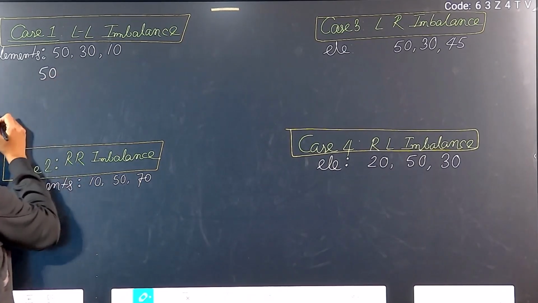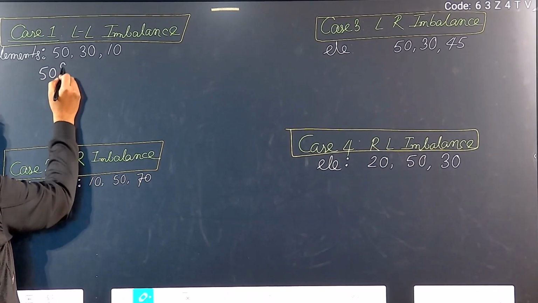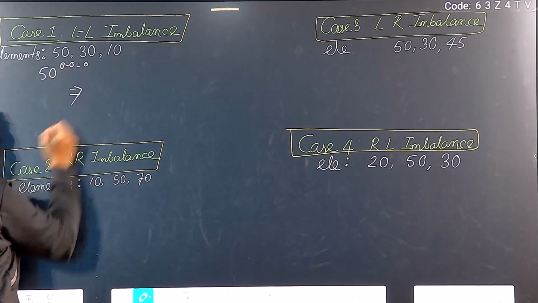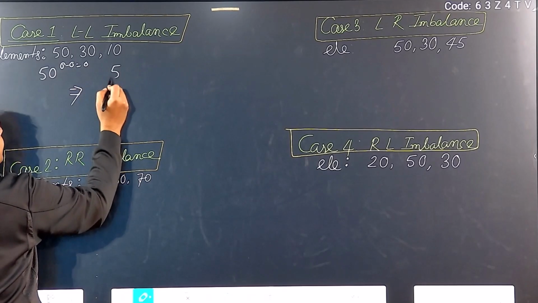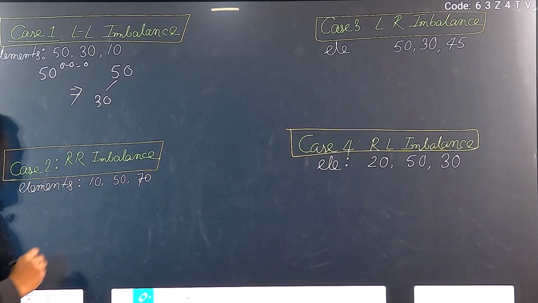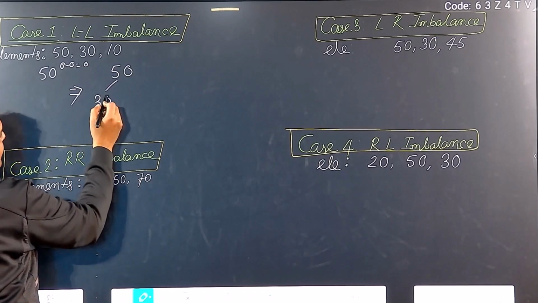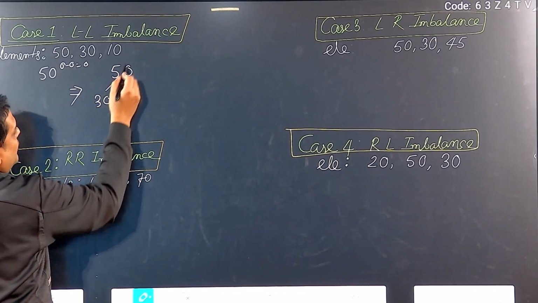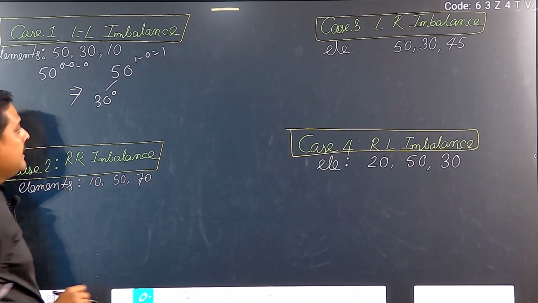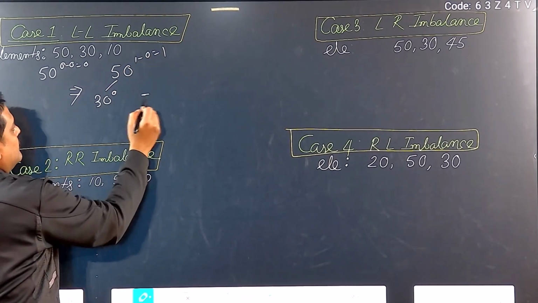Its left subtree height is 0, right subtree height is 0, so 0 minus 0 is 0, no problem. We will move forward. 50 is inserted already, then 30 will be inserted as its left node. So, 30 is here. What is the balance factor here? This is 0 for 30, and for 50 this is 1 minus 0, which is 1. Till now there is no problem.